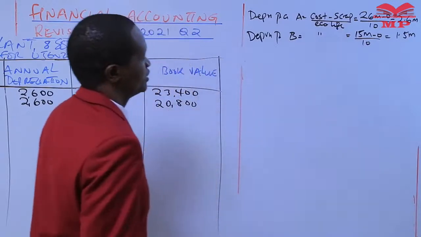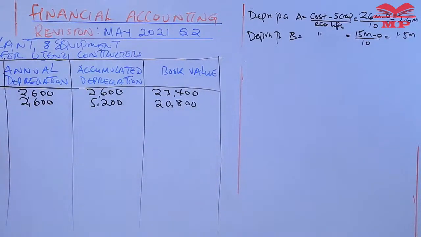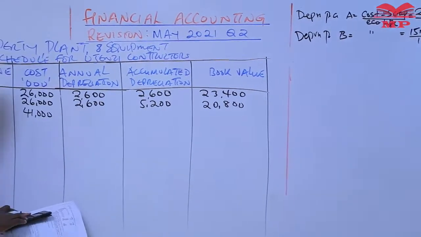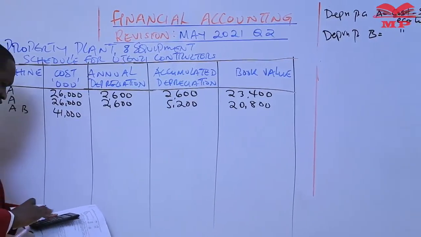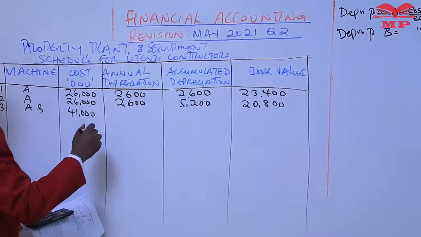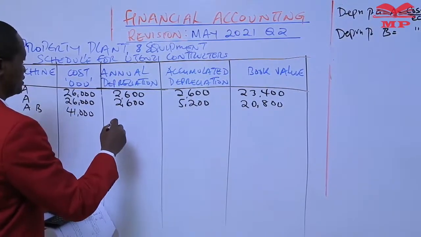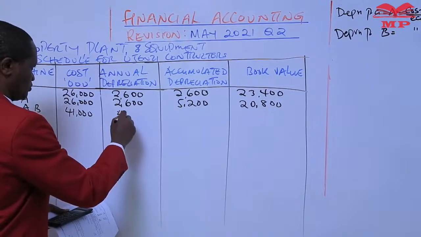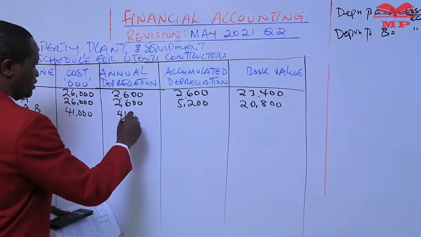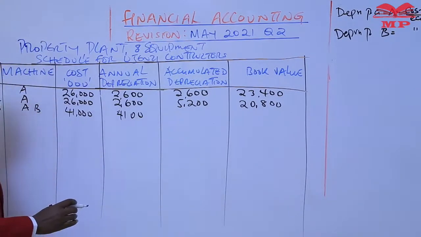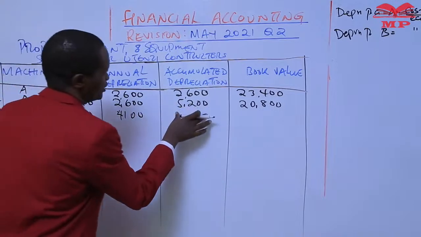So 1.5 million is the annual depreciation of machine B, and for machine A, 2,600. We combine the two, 2,600 plus 1,500. The annual depreciation is 4.1 million.